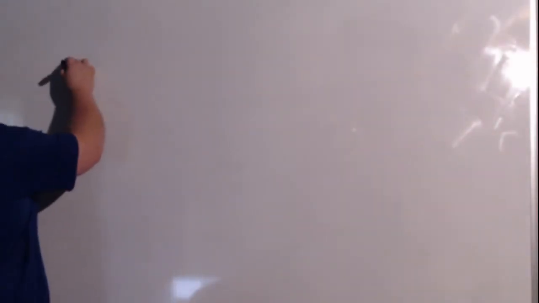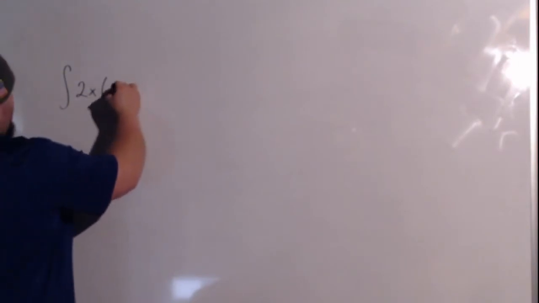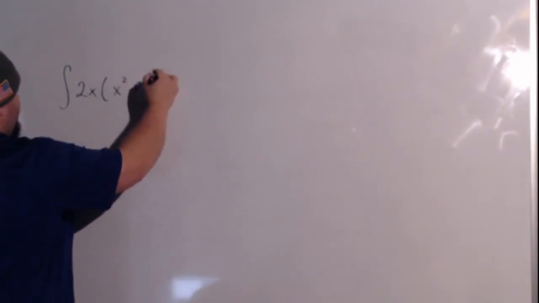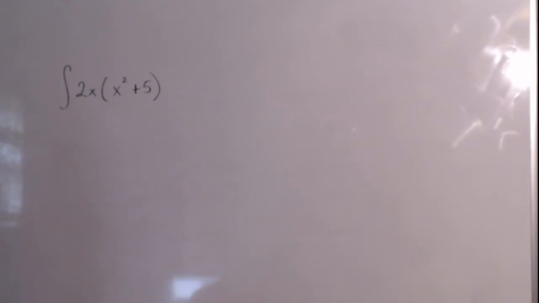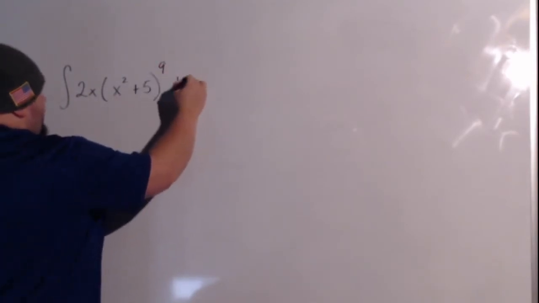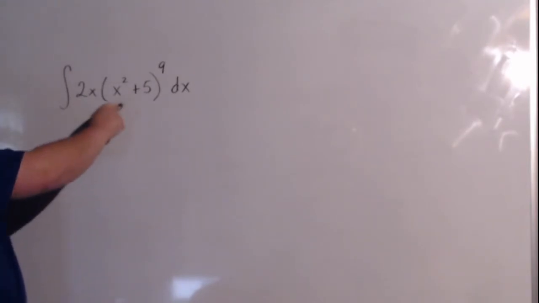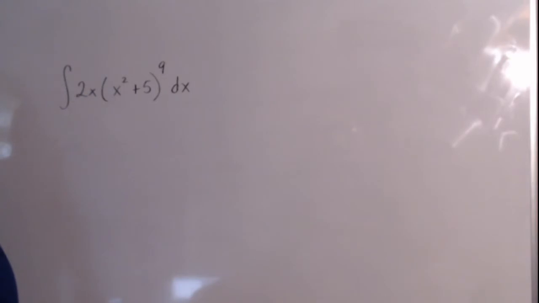So the first problem here is the integral of 2x times (x squared plus 5) to the 9th power. My guess is that some of you are going, oh, well, that's not bad. We could just multiply this 2x in here and integrate each piece.